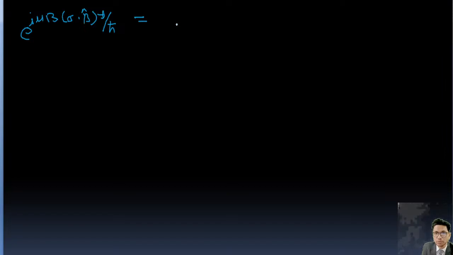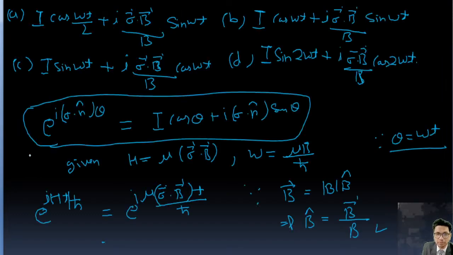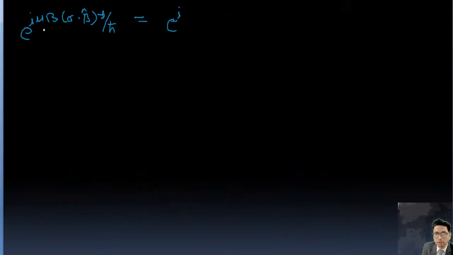So it is going to be e to the power iota, and the mu b upon H cut we have been given. Mu b upon H cut is given omega. So in place of mu b upon this H cut, we can write omega and sigma dot b cap into T.